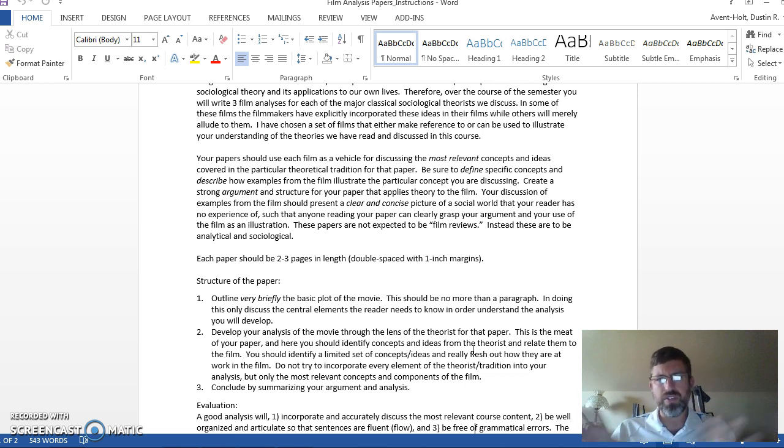Not all of the concepts, but just one or two that are particularly relevant from this film. Identify them in the paper, flesh them out, and show how you see them working in the film. Again, don't try to incorporate every concept or element from the particular theorist, only the ones that are most relevant for this film.